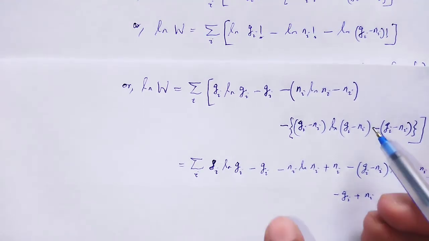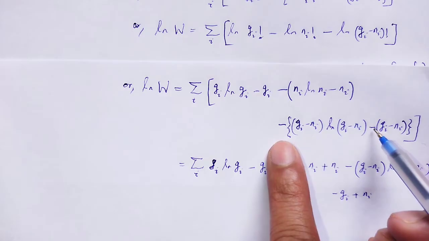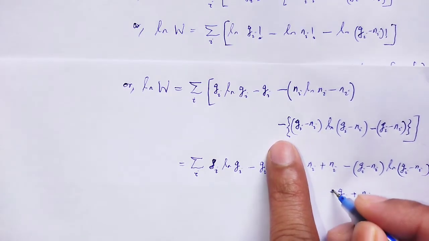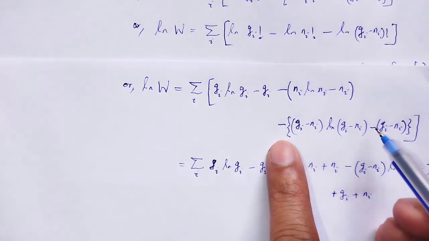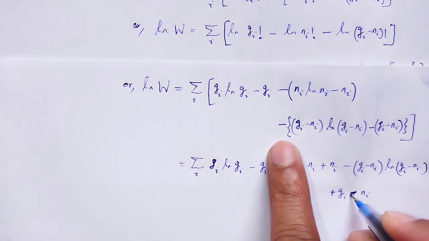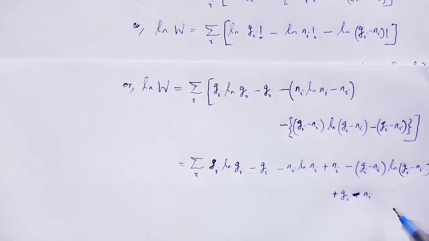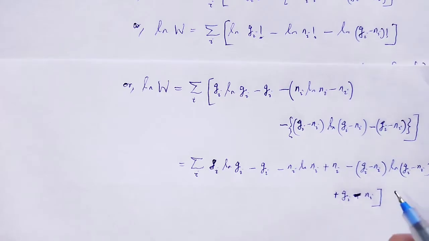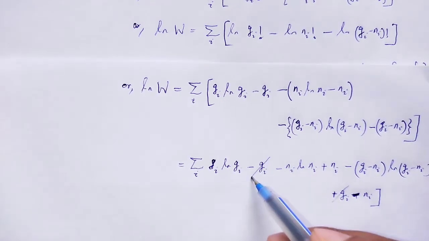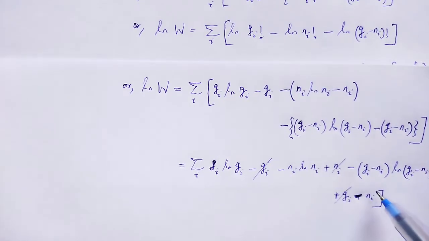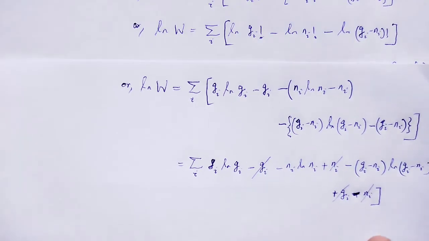Here the term minus times plus is plus Gi, minus times plus minus Ni. Okay, plus Gi minus Gi plus Ni minus Ni cancel out.